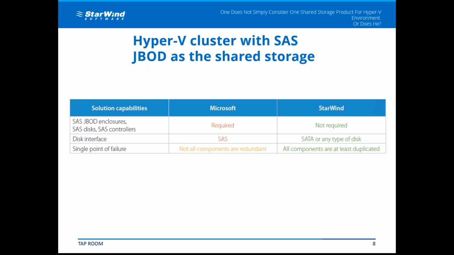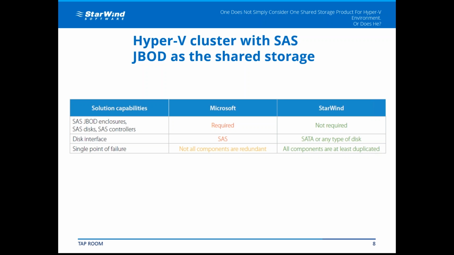And again, from the single point of failure standpoint, with Microsoft, you should choose whether you want to spend a fortune on getting 3 JBODs, or you will be ready to accept the single point of failure in your system. Again, that's not the case with StarWind.